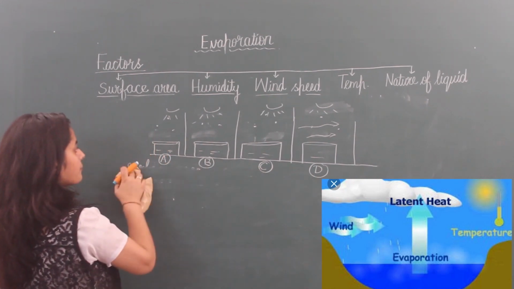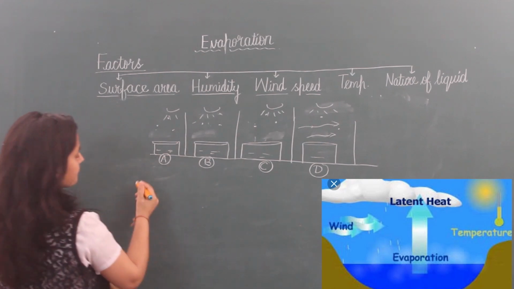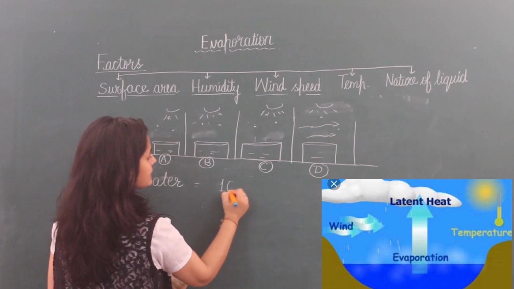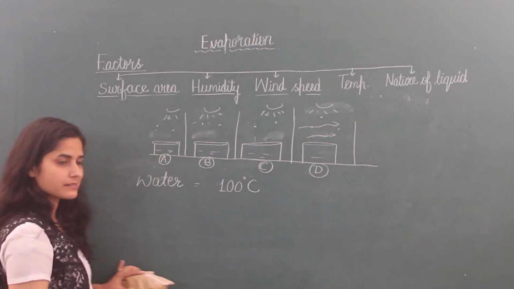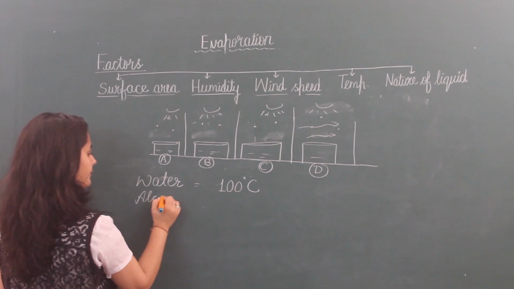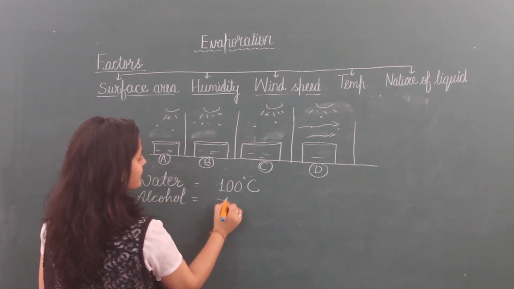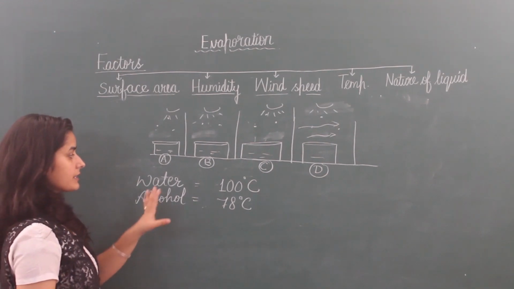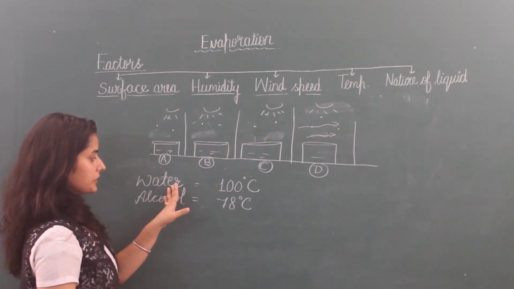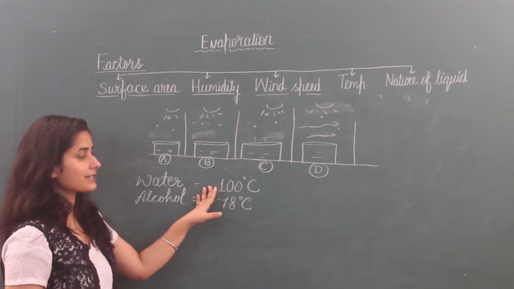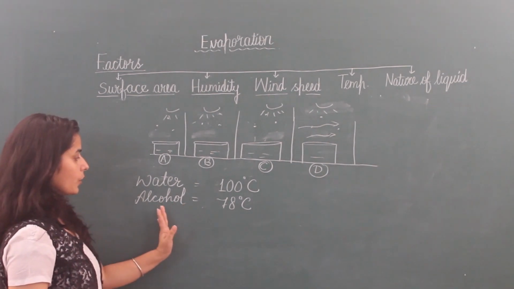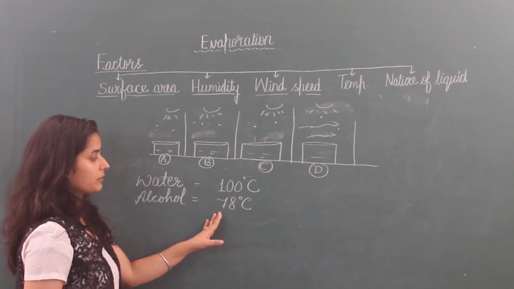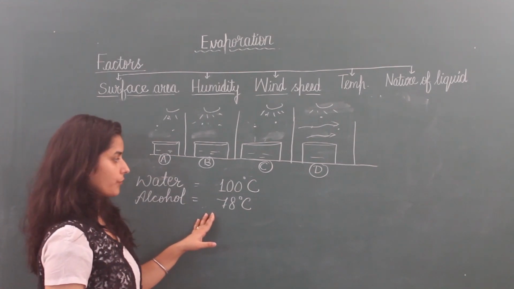Okay. And for nature of liquid, water boils at 100 degree Celsius. Alcohol boils at 78 degree Celsius. That means water particles will convert into vapors at 100 degrees Celsius, they need more temperature. And alcohol particles evaporate at 78 degrees Celsius, so they need a lower temperature than water to convert into vapors.